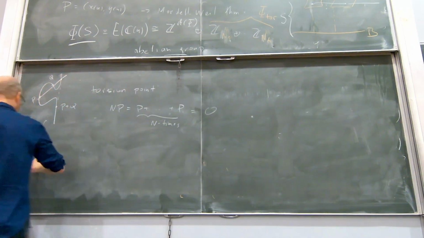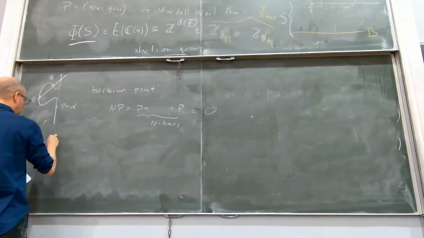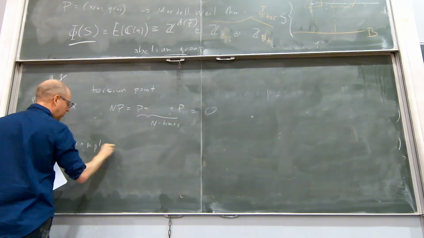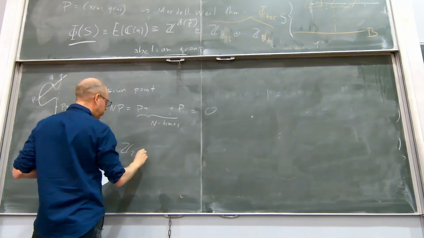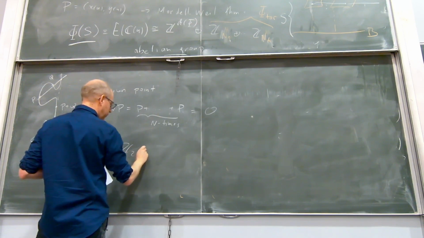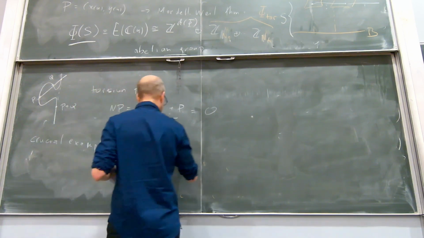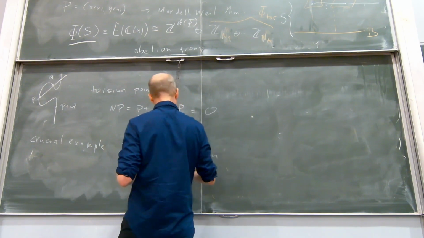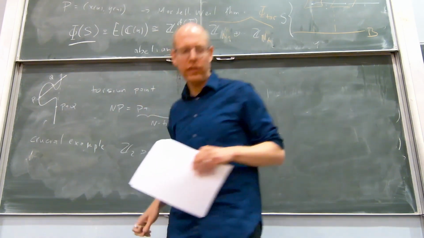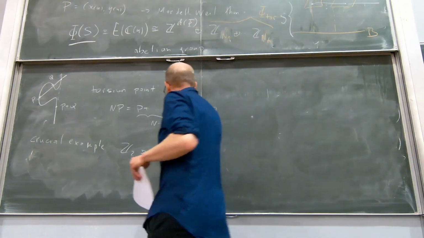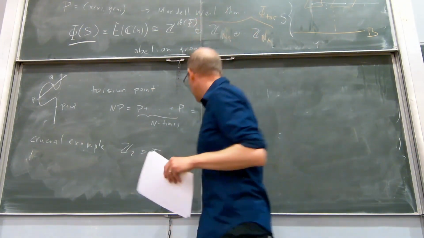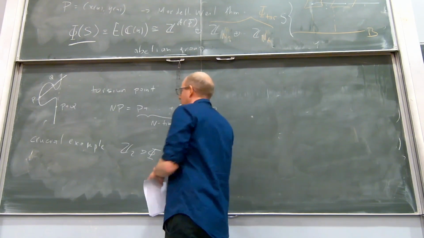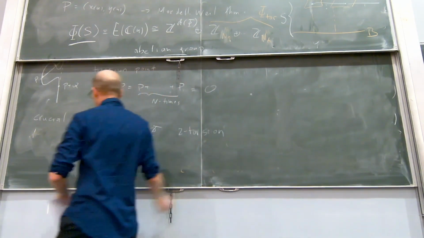In particular, the crucial example in this talk will be just Z2 torsion sections. Let me call them two-torsions.